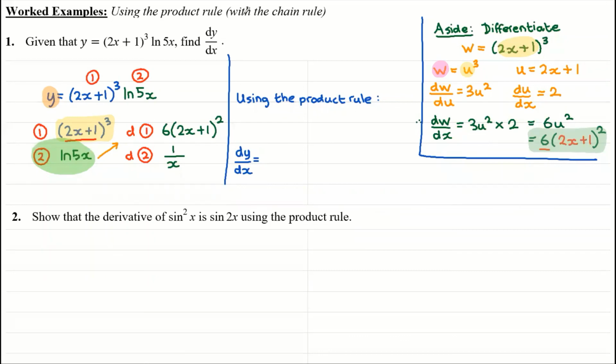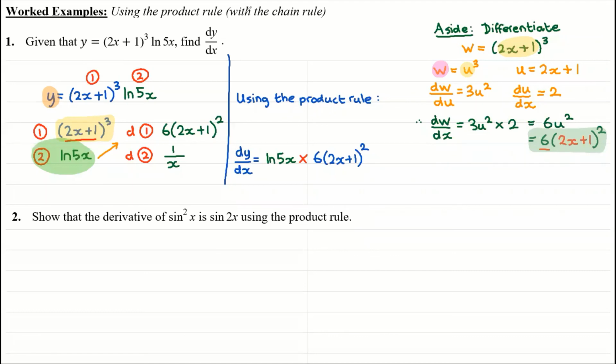So dy by dx is going to be the natural log of 5x multiplied by d1, which is 6 multiplied by 2x plus 1 squared. I'm just going to get rid of this. It's in the way. And then we're going to add.